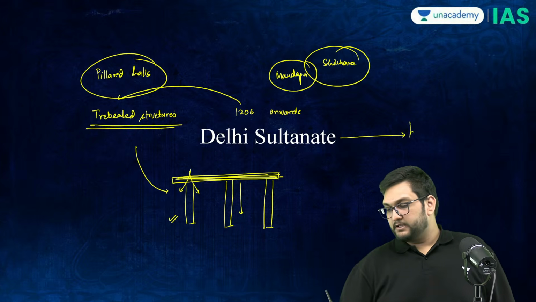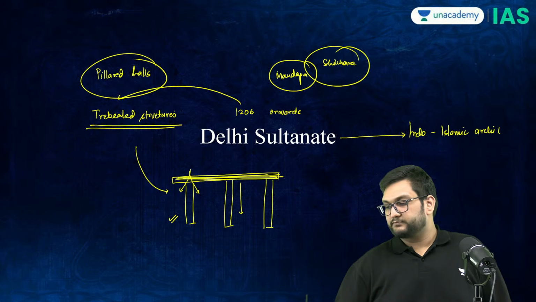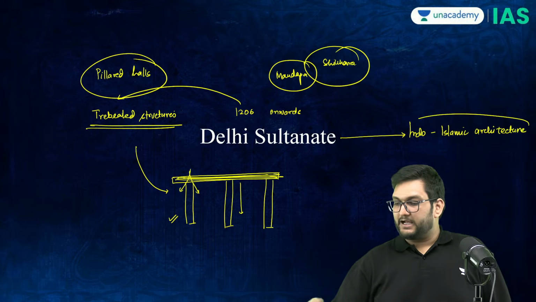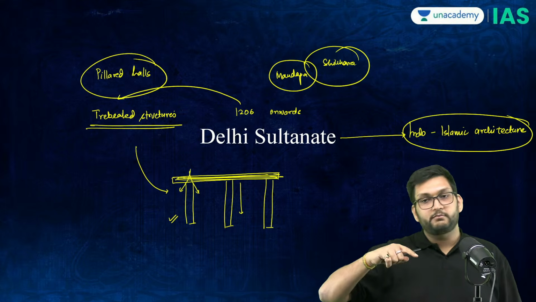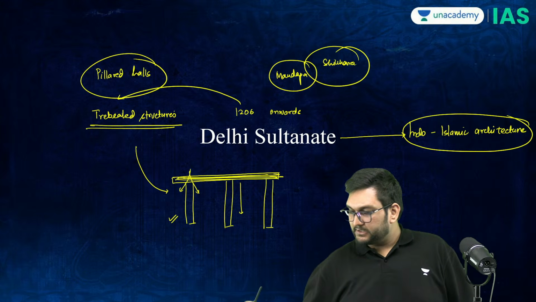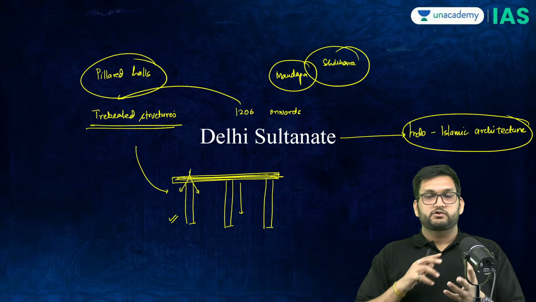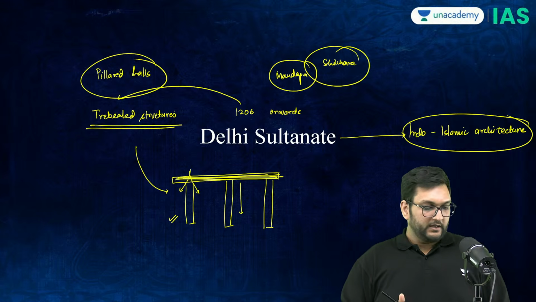And that is the inauguration of what is called Indo Islamic architecture. Indo because it has a lot of elements which were taken from the temples also. Islamic because the basic thematic is Islamic in that sense. So Indo Islamic architecture, Delhi Sultanate is the inaugural phase of that.